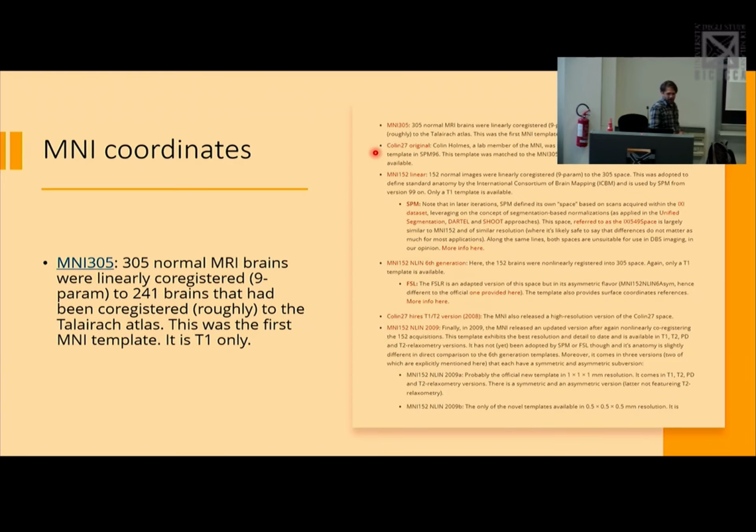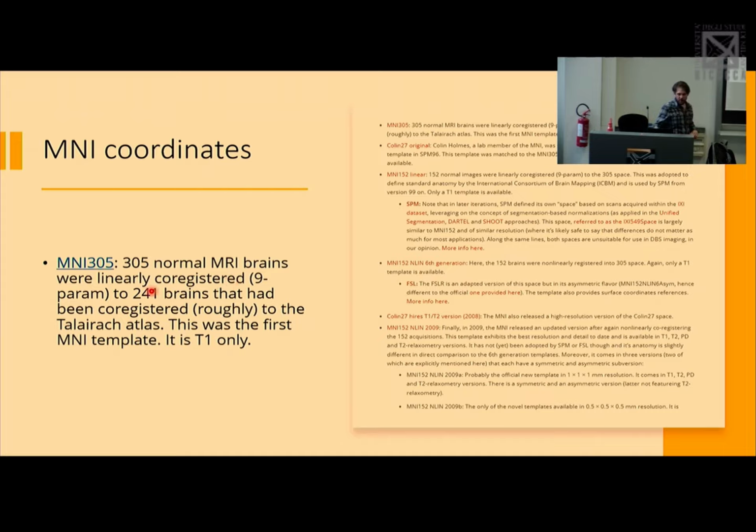Nowadays, we have MNI coordinates, which stands for Montreal Neurological Institute. I'm using this version here; there is the link in the PPT. They superimposed 305 normal brains of healthy volunteers representative of different genders, ages, and so on.